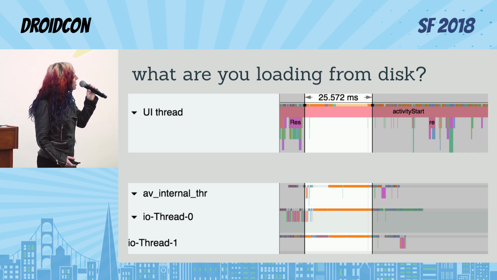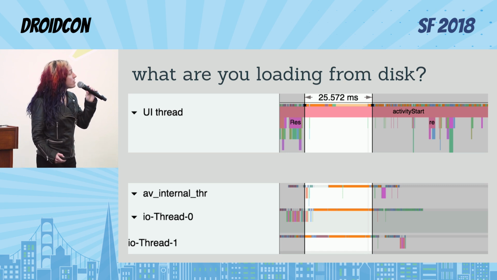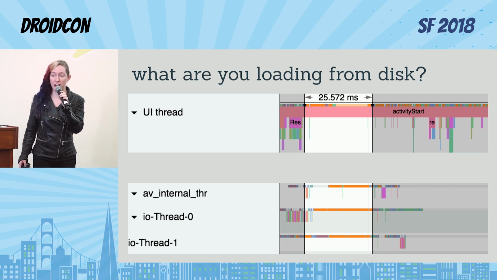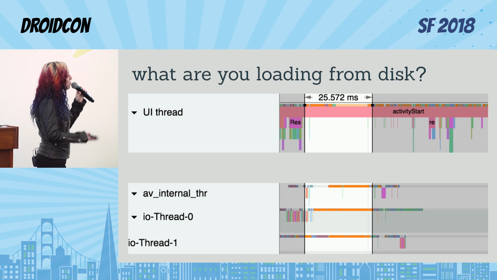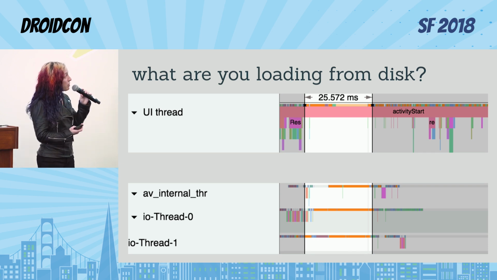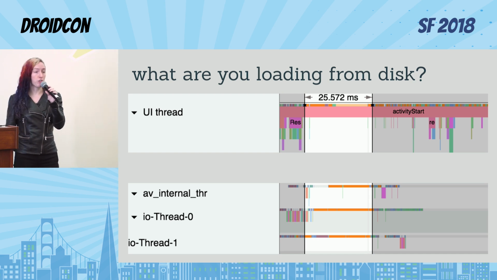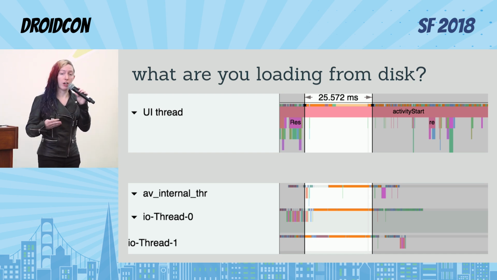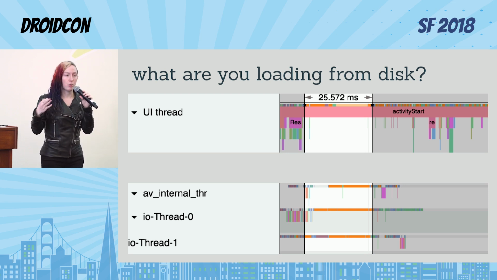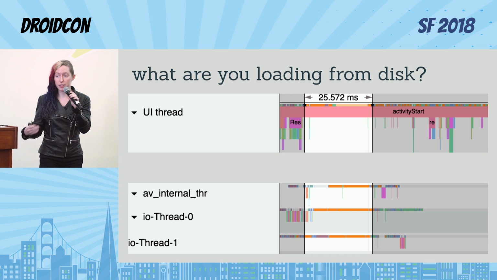Another thing when you see sections of long I/O like this, that's always kind of a surprise, is if you scroll down, here we can see that there are 3 other background threads on this app that are doing I/O at the same time. We have a scheduler for prioritizing the UI thread on the CPU of Android devices. And we have multiple CPUs, so we can actually parallelize that work.